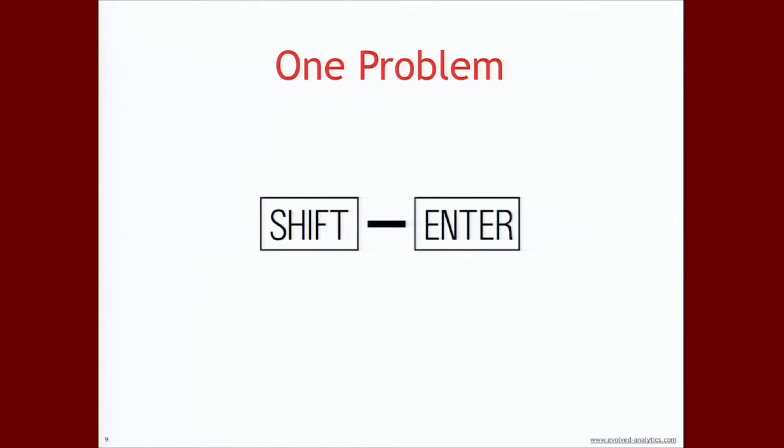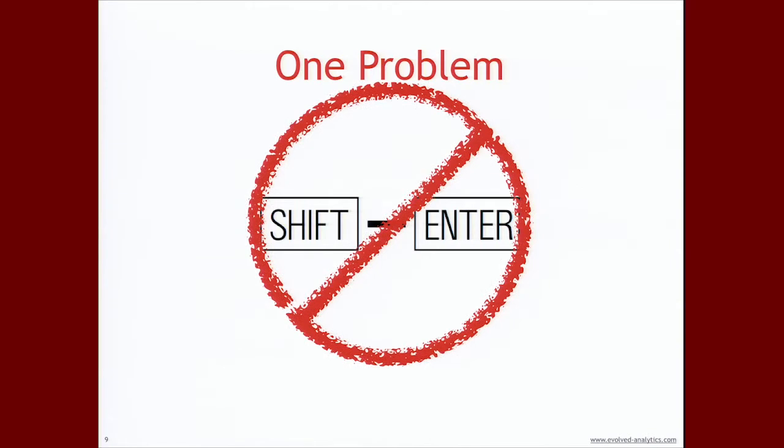It's just this touch typing, free-form control freak thing that you have with a notebook interface. There's a large chunk of the world that doesn't respond to that. So we need to figure out what we're going to do to eliminate Shift-Enter.